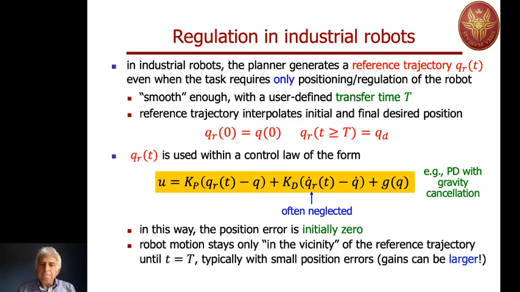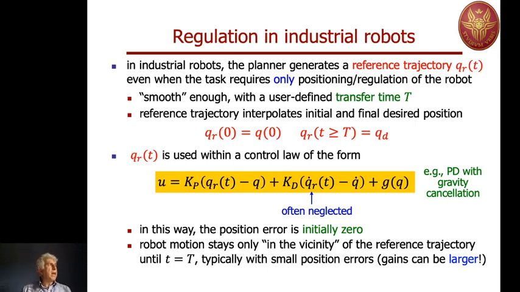Now, the second point is that indeed we have no guarantee and we cannot prove that we will follow this reference trajectory. It is likely that we will stay in the vicinity of this trajectory while moving, in particular if we choose large gains.